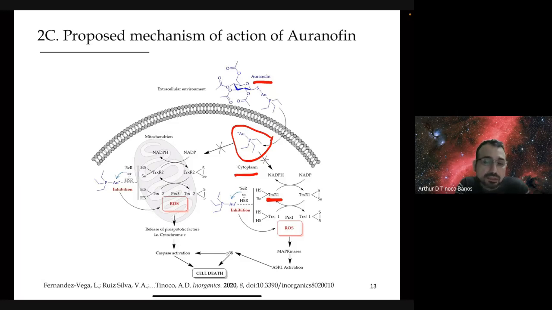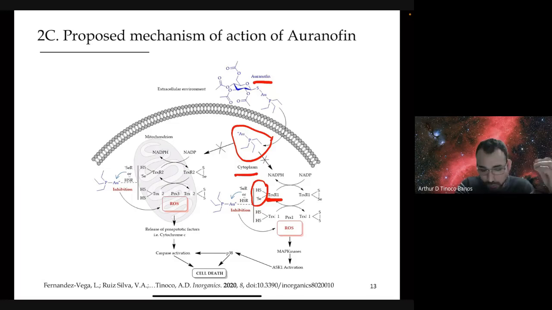Okay, and so why would that be the case? Well, if you think about gold(I), it is a soft acid, and selenium and sulfur are really important groups present at the active site of this enzyme. These are very soft bases, so there is a natural preference for gold to hit these sites.